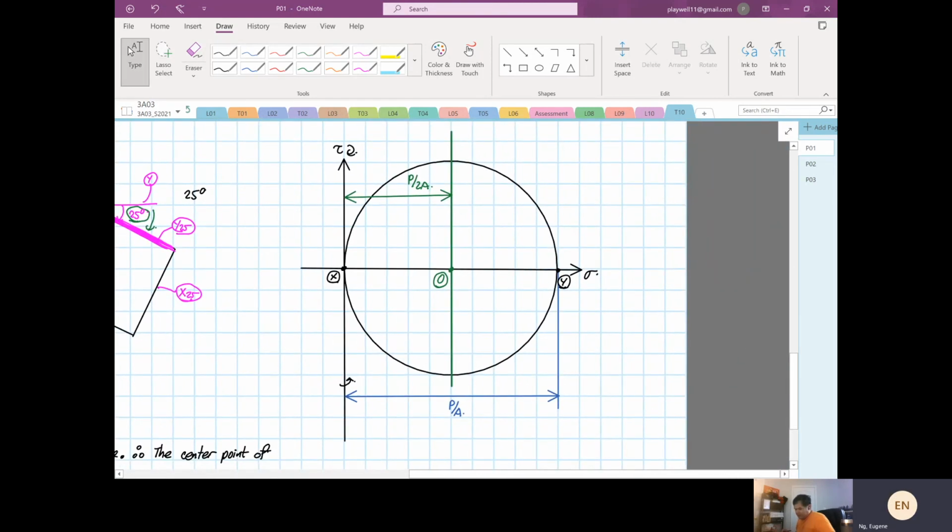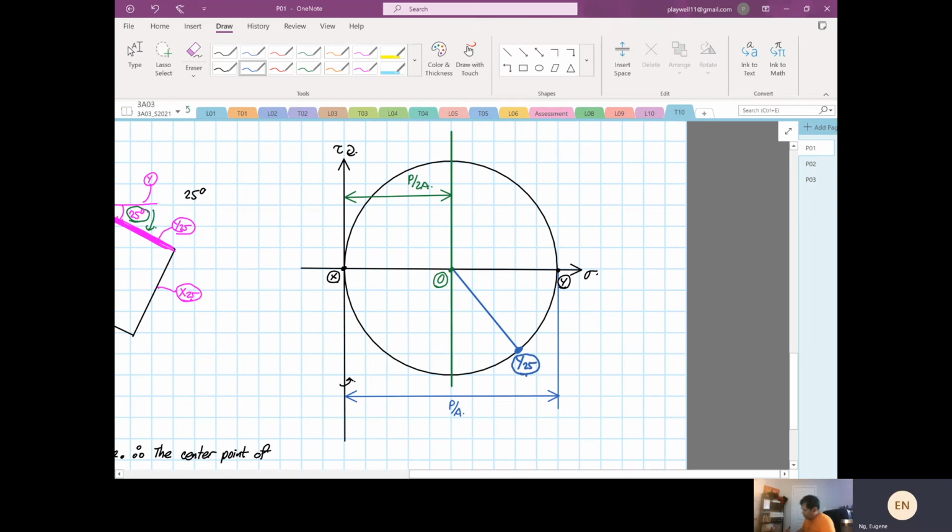So on the circle, from point Y, it will rotate 50 degrees. So I'm going to draw 50 degrees. This will be our Y25.